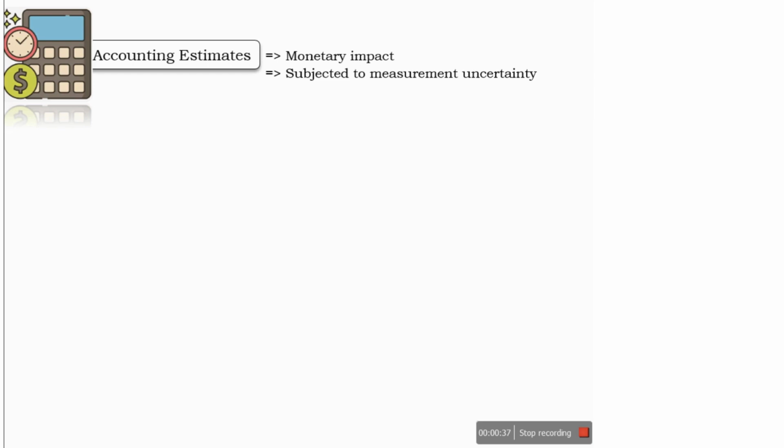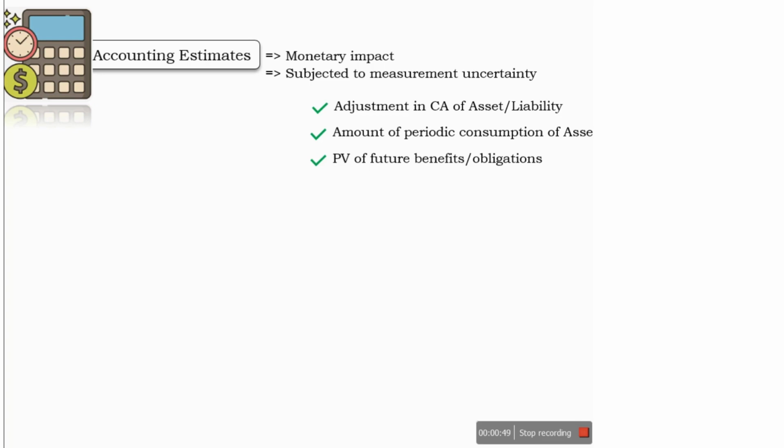So when there is any change in the estimate, we need to adjust the carrying amount of the assets and liabilities, the amount of periodic consumption in respect of the assets, for example depreciation, and the present value of future benefits and obligations.